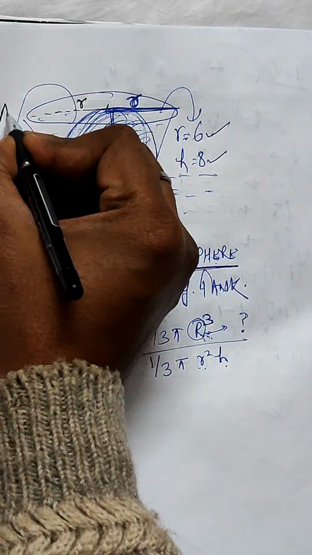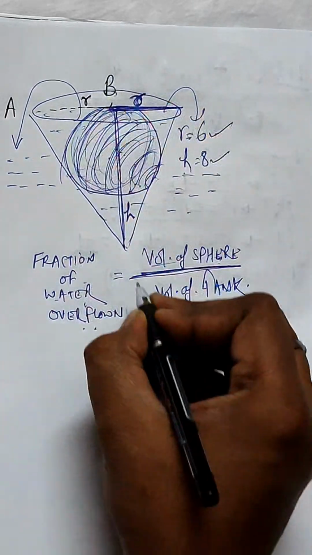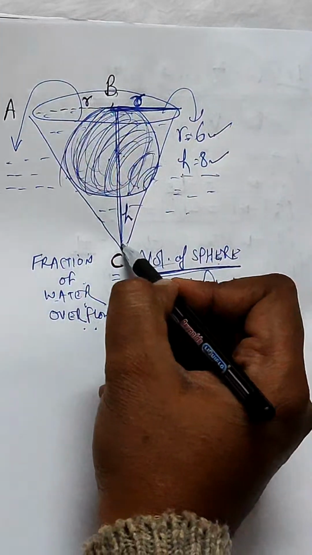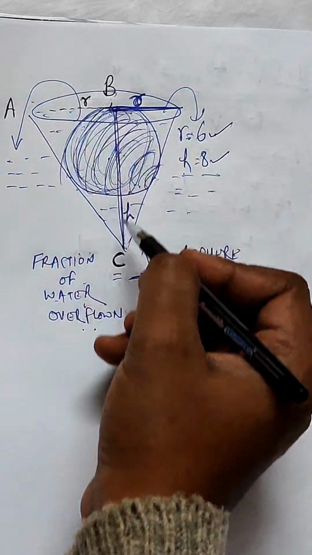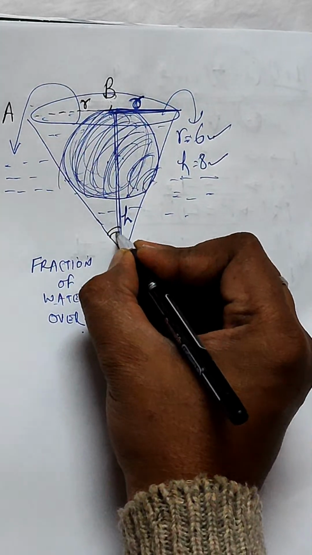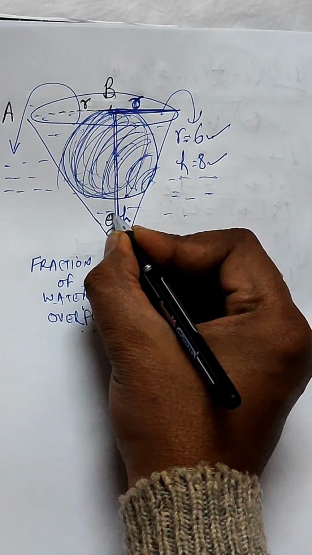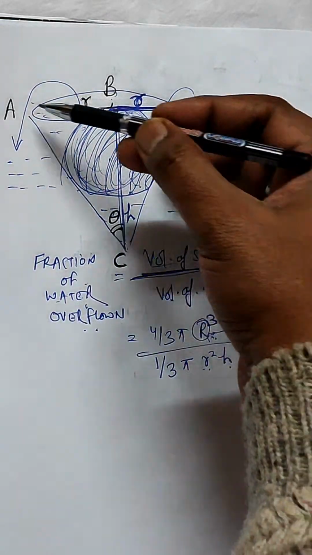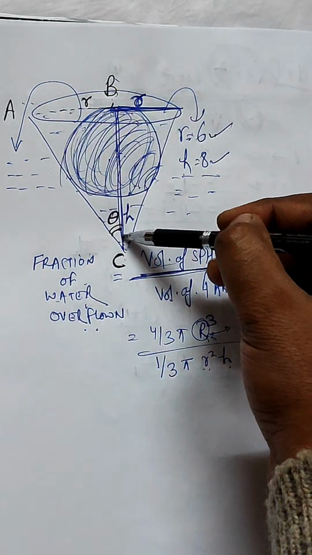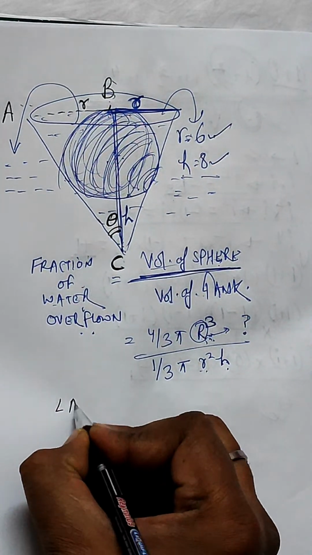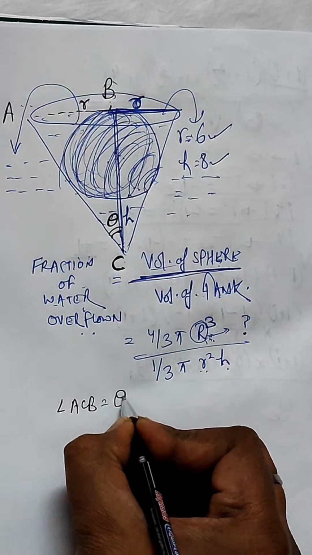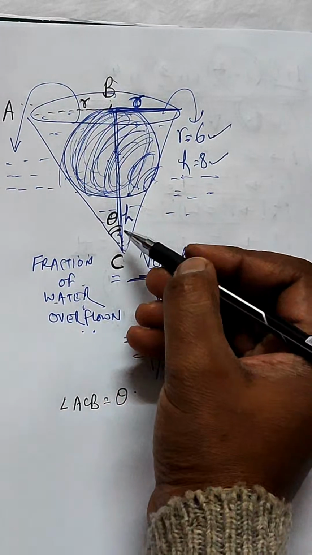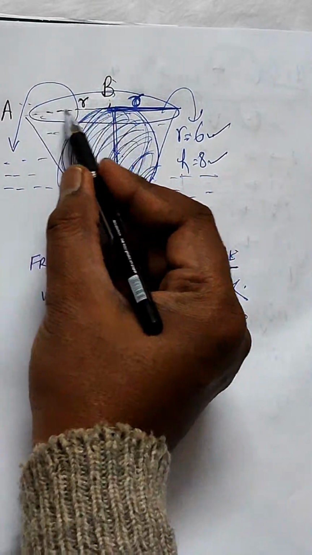If this is A, this is B, and this is C, then in triangle ABC, I am considering just half of the angle. I am considering angle ACB as theta. Now sine theta, what is this? Sine theta will be AB, the perpendicular.